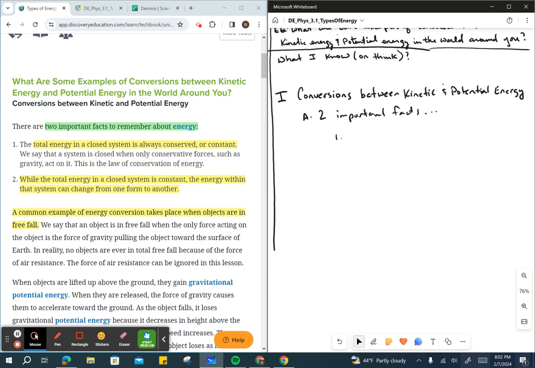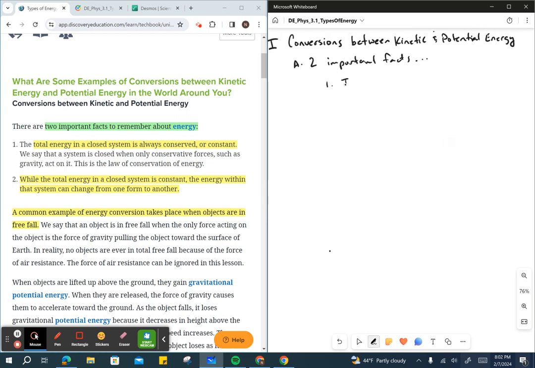Number 1, in closed systems, total energy, that's all the different types of energy, potential energy, kinetic energy, total energy is conserved.